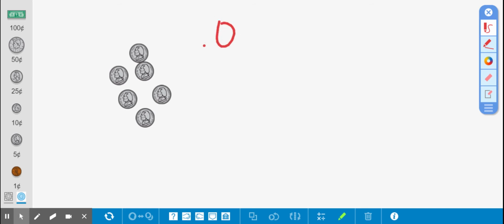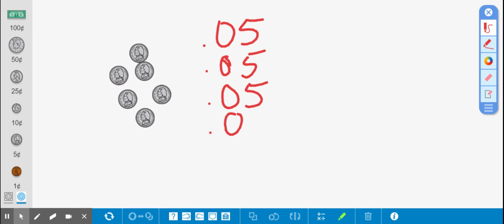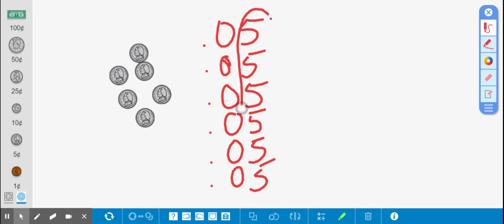So this is 1 nickel, 2 nickels, 3 nickels, 4 nickels, 5 nickels, 6 nickels.